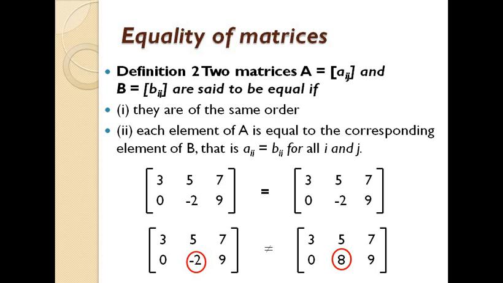So two matrices can be equal if and only if they are of the same order and the corresponding elements are equal. Now please note these examples and this definition, because in future classes you will require them. When we go to the arithmetic of matrices, equality and non-equality will be required. If you know the equality conditions, then you can easily solve the problems, else you will have some problems.